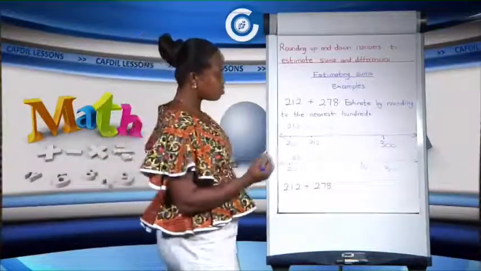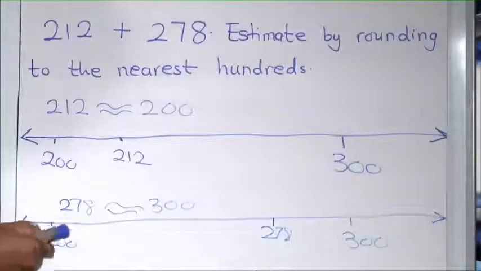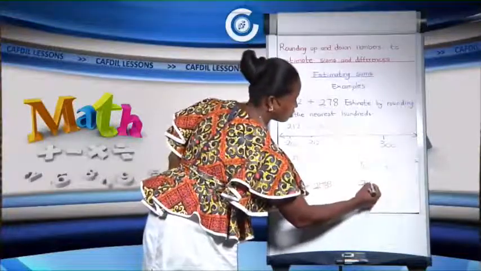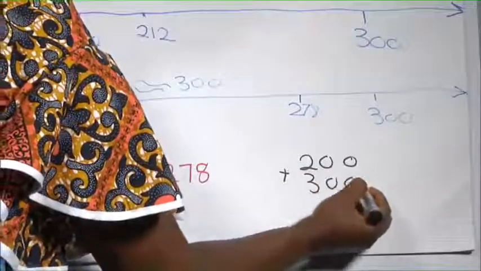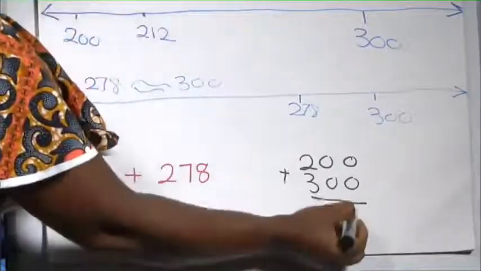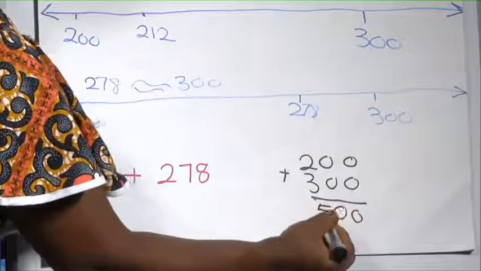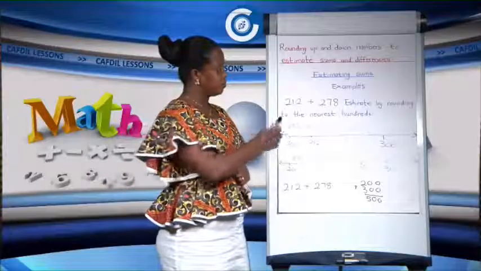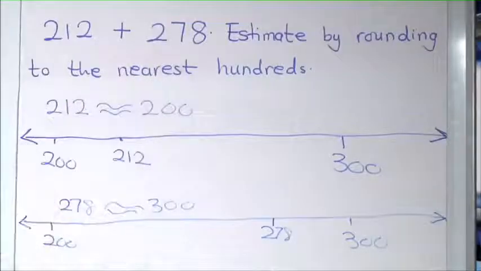When we add 200 and then 300, we have 0, 0, and then 5. Now, back to the question. 212 plus 278.